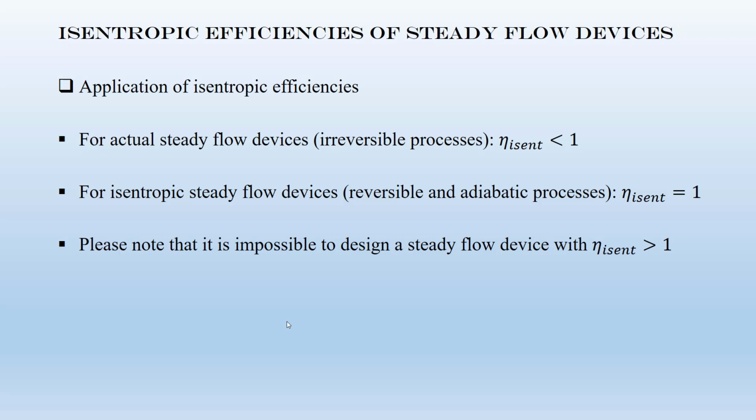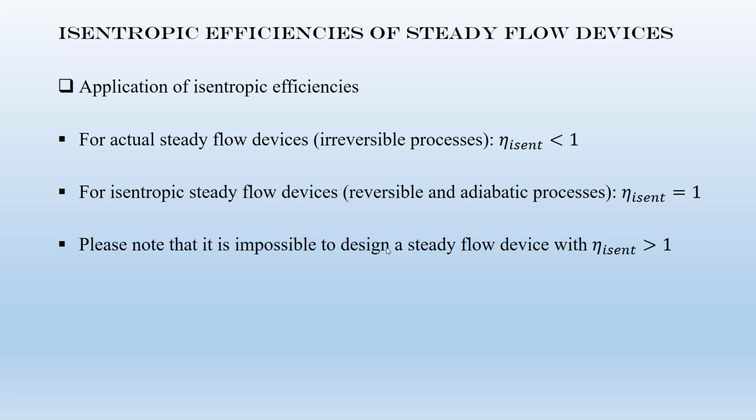So keep in your mind that the isentropic efficiency for steady flow devices for irreversible processes is always less than 1. Isentropic efficiency for steady flow devices for reversible and adiabatic processes equals 1. And if somebody claims to design a steady flow device with isentropic efficiency more than 1, it's impossible.